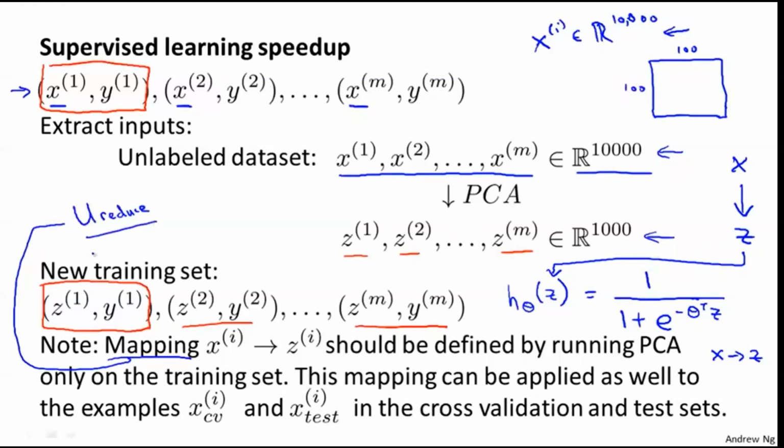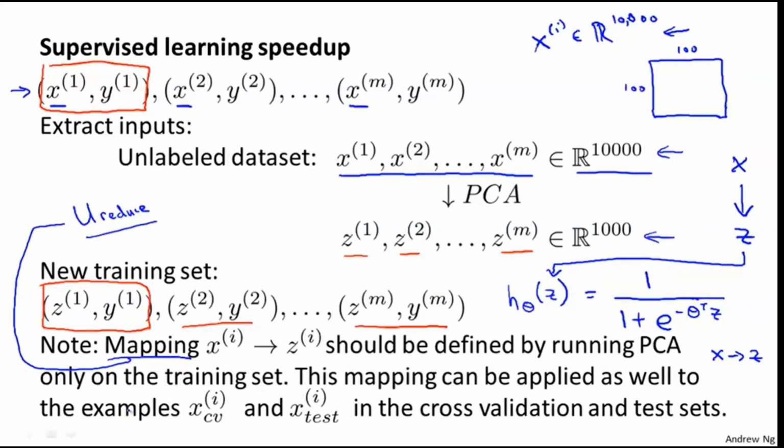All of these things, like U reduce, are parameters that are learned by PCA, and we should be fitting our parameters only to our training set and not to our cross-validation or test sets. So U reduce and so on should be obtained by running PCA only on your training set, and then, having found U reduce, or having found the parameters for feature scaling, the mean normalization and the scale that you divide the features by to get them onto comparable scales.